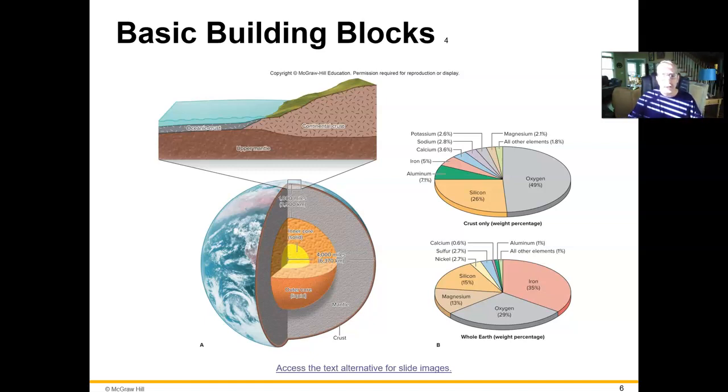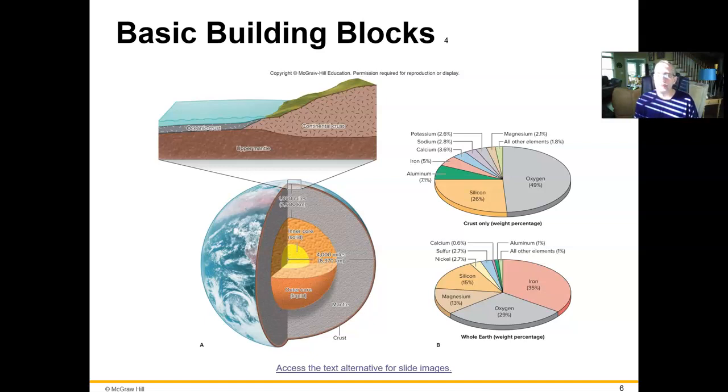The top of the plates that scoot around on plate tectonics that we're going to talk about in the next chapter. And then the bottom pie chart is the elements found in the entire planet. So that includes the mantle and the two cores, the inner and outer core. As you can see, silicon makes up a large percentage of both of those.